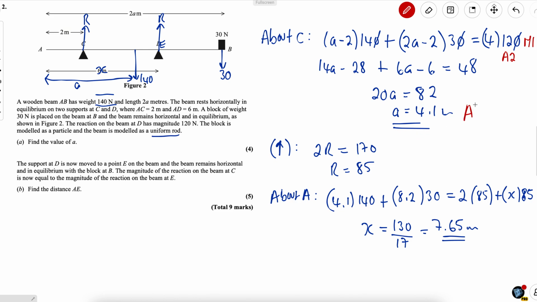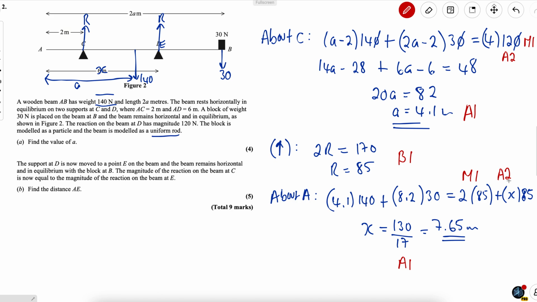An accuracy mark for A1, an understanding mark for resolving vertically, and a method mark for this moments equation here on the same basis as the moments equation up here. If you've decided to take moments twice, you'll get the method mark and again the 2 accuracy marks for the same reason as before, but you'll only get your B1 for the second equation. And then your accuracy mark for either form of the answer here or here.